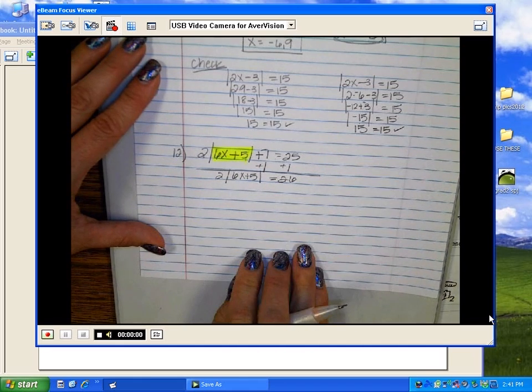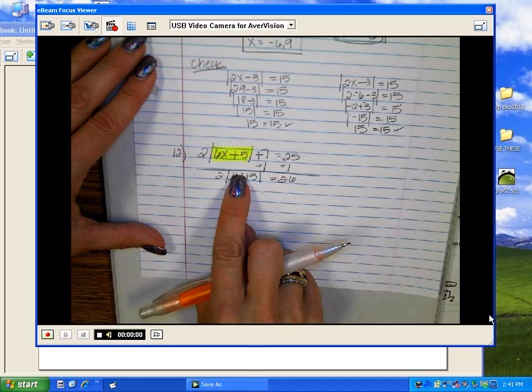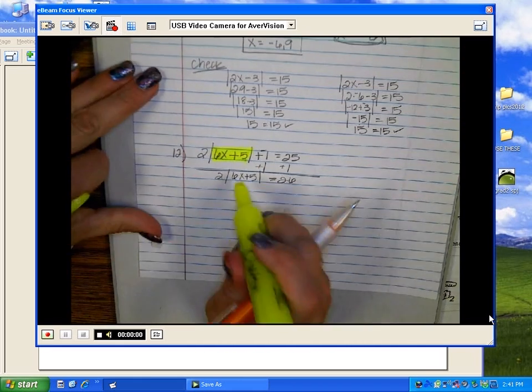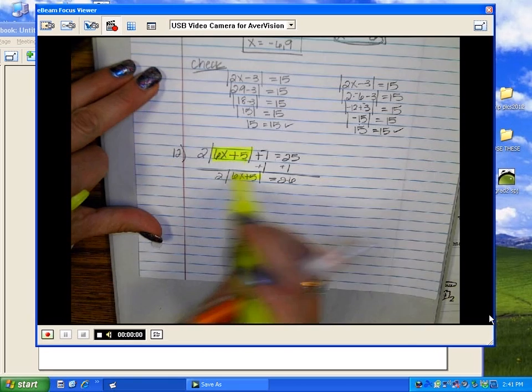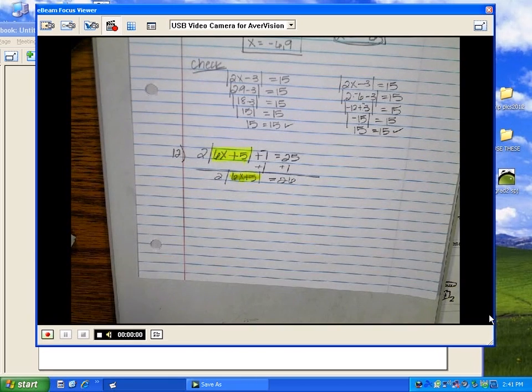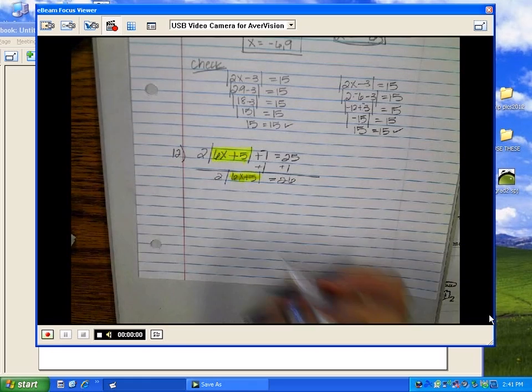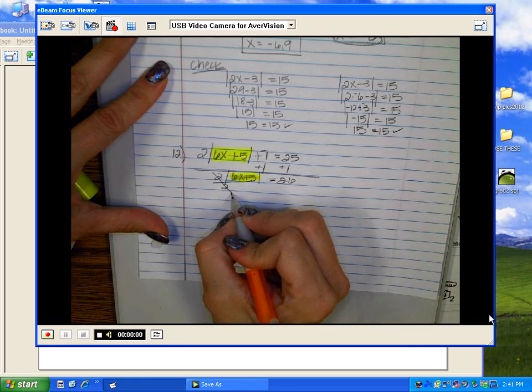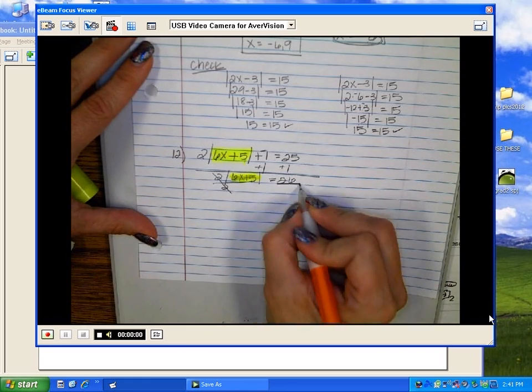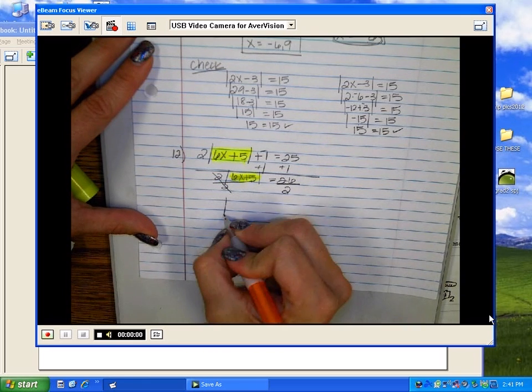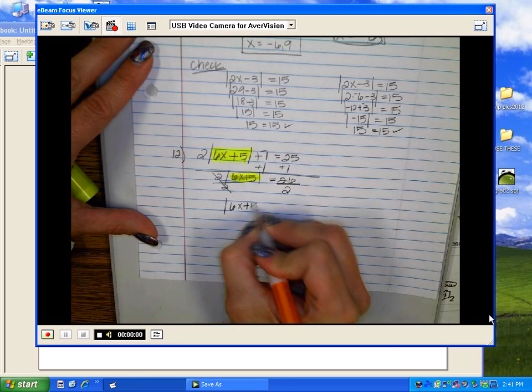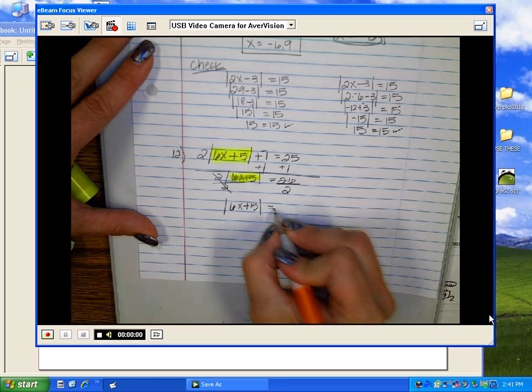Well, I really want to move my 2. I need it to go away from my absolute value equation, because I can't solve my absolute value if it's got something with it. So in order to get rid of the 2, I'm going to divide by 2. And now I have an equivalent form of 1, and so I do it to the other side. Now I get my 6x plus 5 absolute value all by itself, and I have it equal to 13.